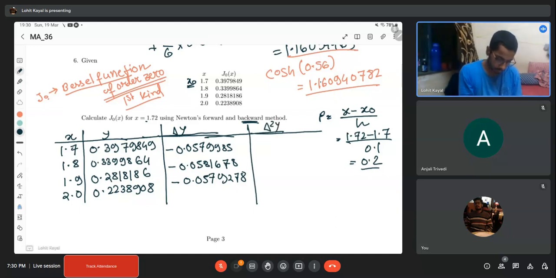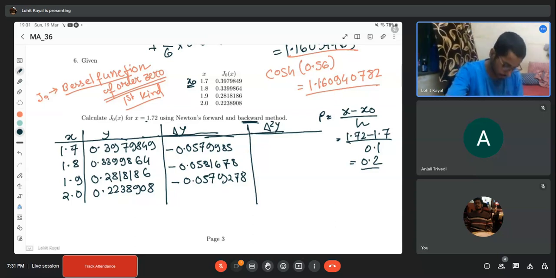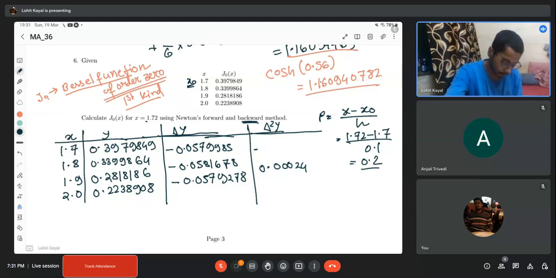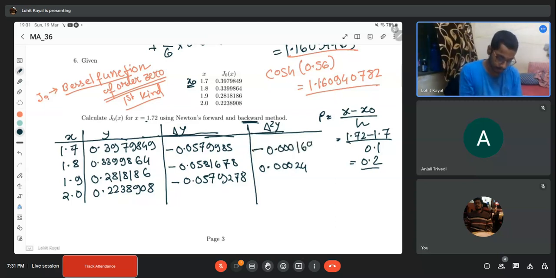Then let us calculate delta square y. Let us first calculate the last term: plus 0.0581678 minus 0.0579985 gives 0.00024, and the other term is minus 0.000169.